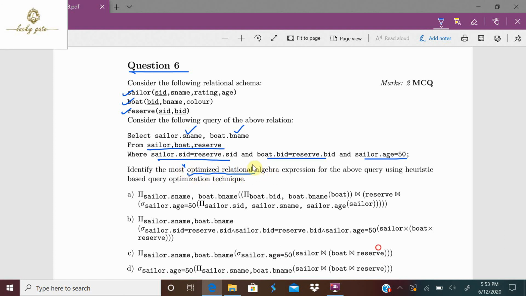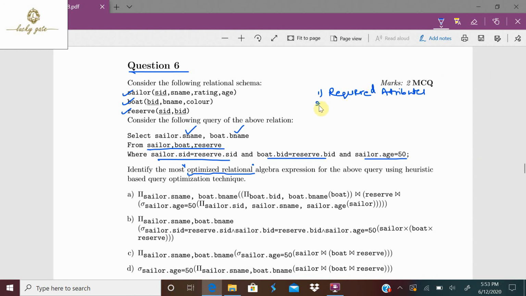Friends, keep in mind, the optimization is achieved by first selecting the required attributes from the relation. Not all attributes are required, only the attributes that are required for the output and for writing conditions are to be selected.